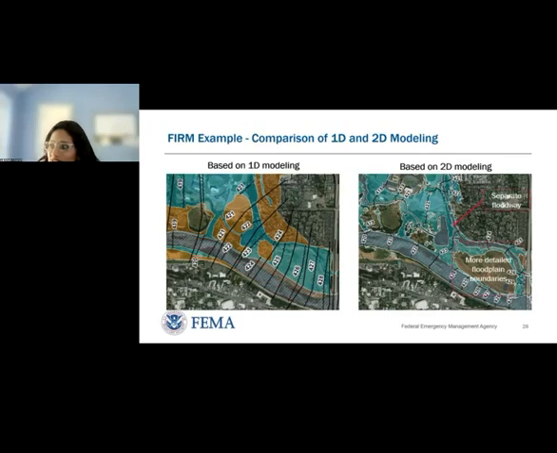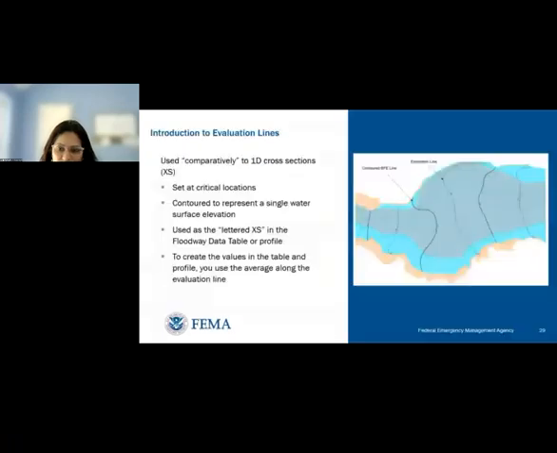On the right side, which has a 2D model, it shows more detailed flood boundaries along with a separate floodway designation, which you can do with 2D models. Even if you're comparing the BFEs, they're not too different. So the water surface elevations are not different, but the floodplain is much more detailed. So that's what you will see.